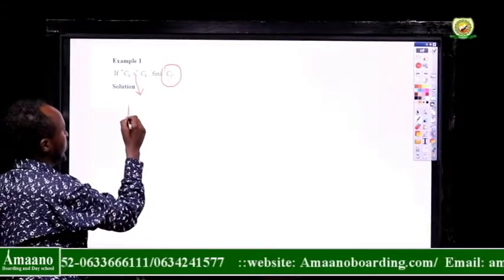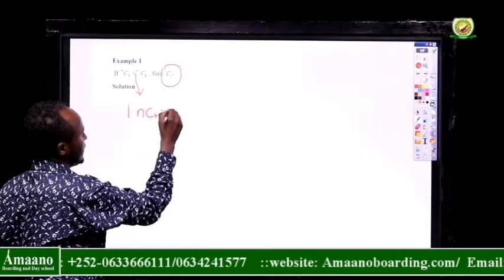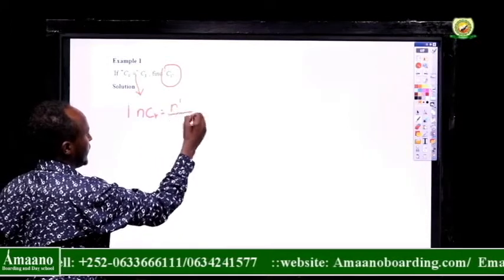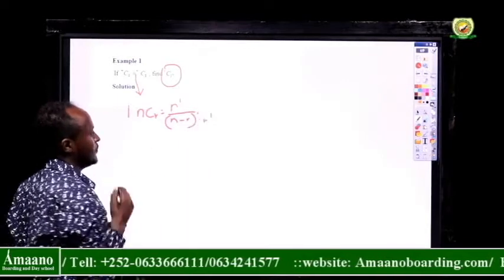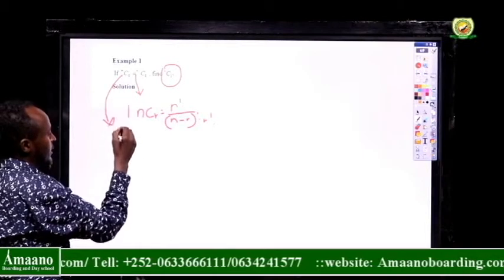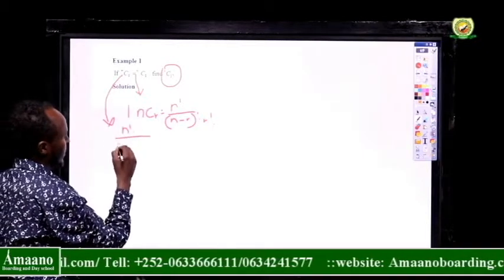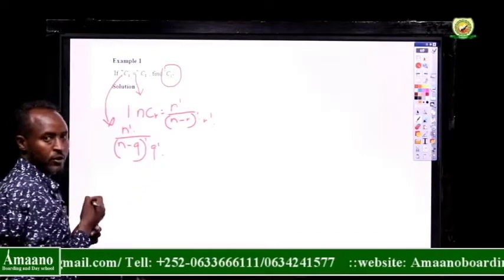You can apply the formula for n combination r. It is the same as n factorial divided by n minus r factorial times r factorial. From here, n combination 9 is n factorial divided by n minus 9 factorial times 9 factorial.